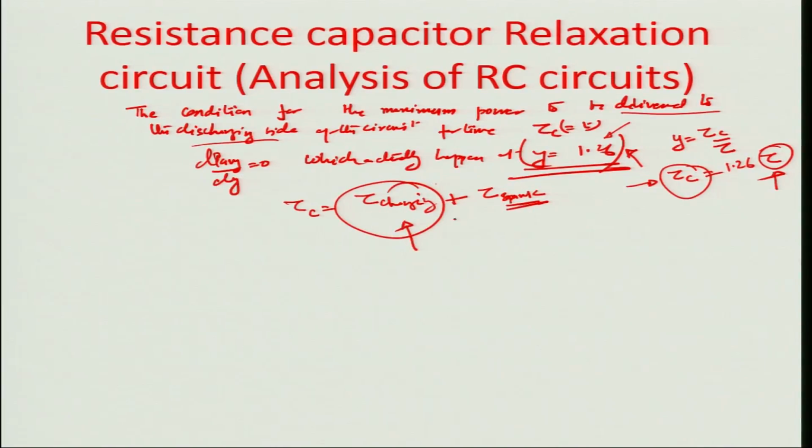Obviously the charging time is much greater than the sparking time, because the spark is really a very short lasting momentary kind of phenomenon, and we can safely neglect this sparking time and just consider Tc to be equal to the charging time of the capacitor.